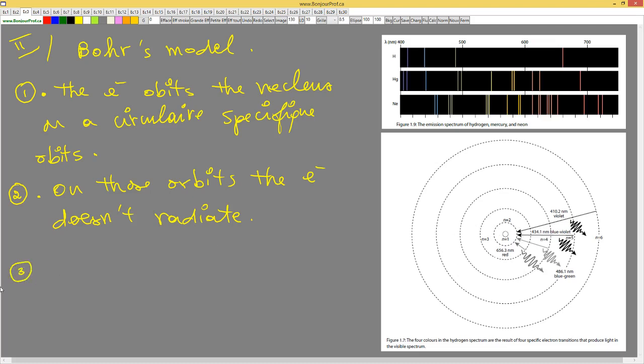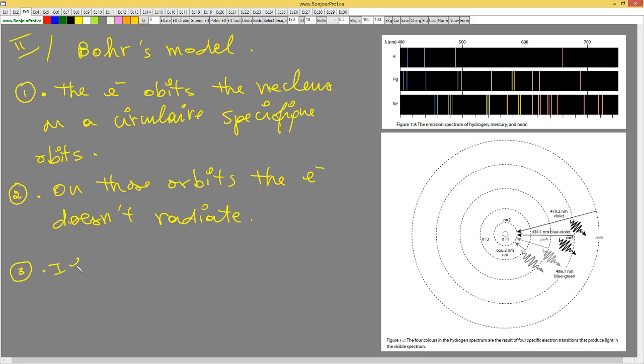The third postulate: what he says is that the electrons, yeah, they can change orbits, but once they change orbits, then they will emit radiation.